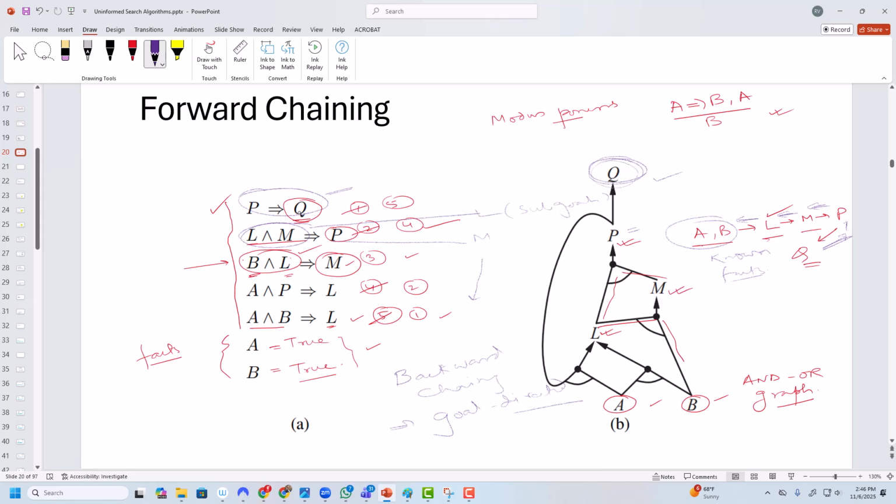So in summary, forward chaining is data driven. Facts trigger new inferences. And backward chaining is goal driven. Both are sound, complete, and linear in time.